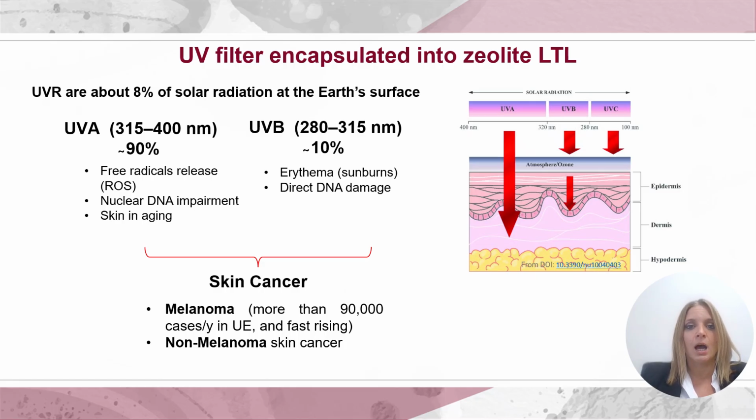UVA induces oxidative stress, DNA impairment, and skin aging. Both contribute to skin cancers, including melanoma, whose incidence unfortunately is rising. So safer, more efficient UV filters and strategies to stabilize and confine them are therefore a critical scientific and social priority.